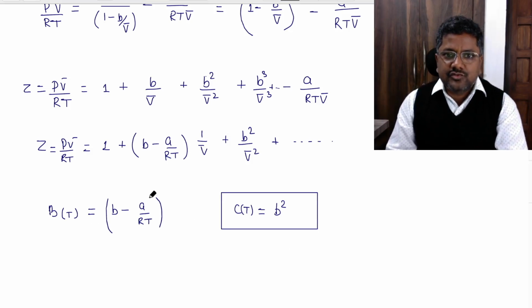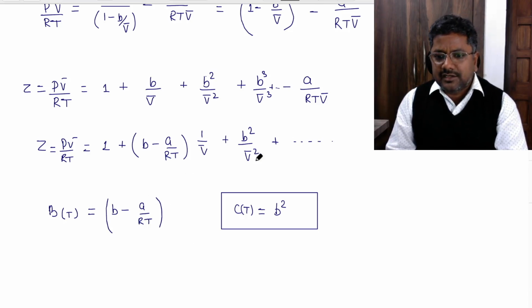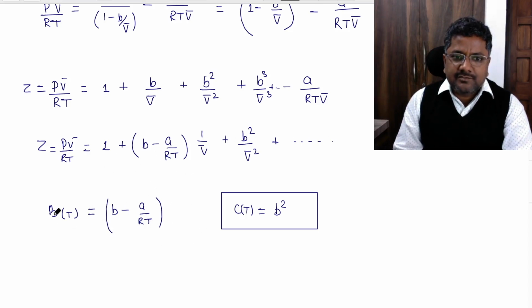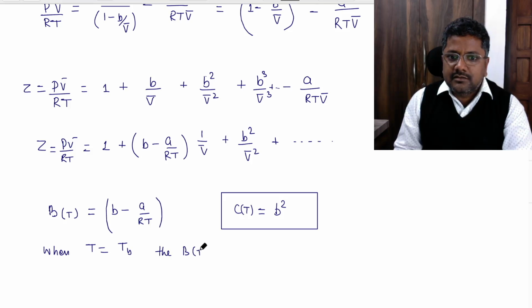So the most crucial point is this: if higher terms are insignificant, the temperature at which this becomes 0 is called Boyle's temperature. So when T is equal to T_B, then B is equal to 0.